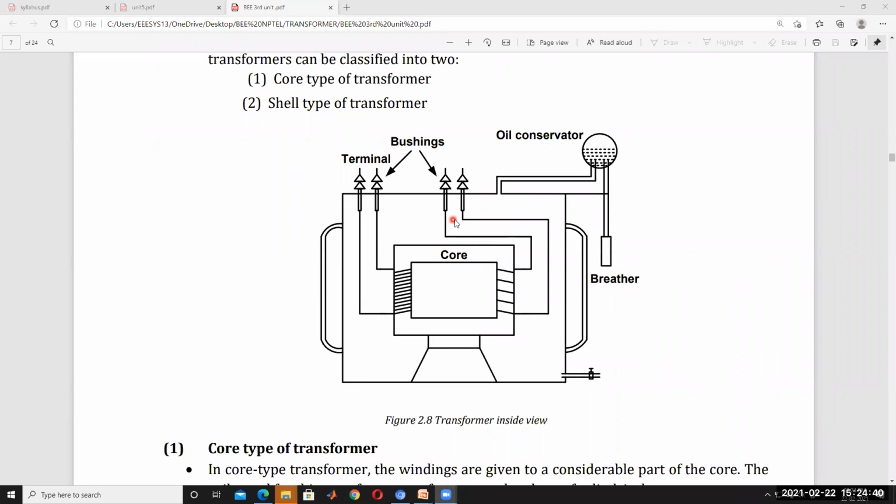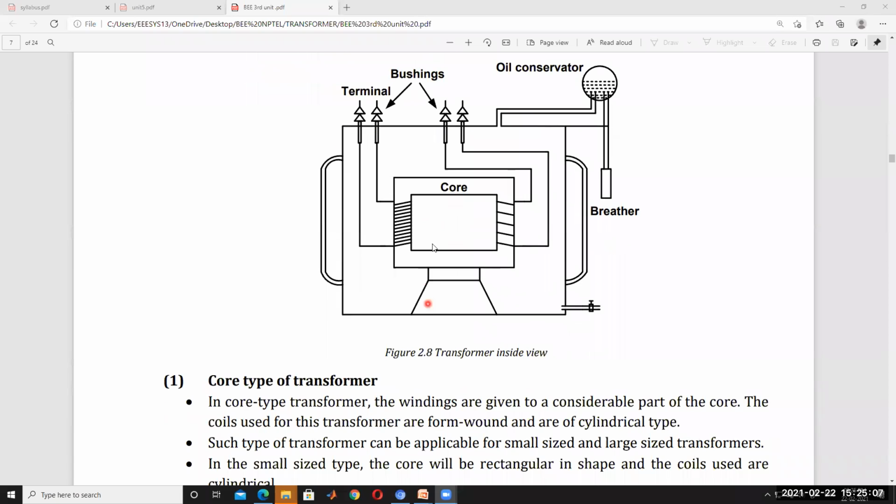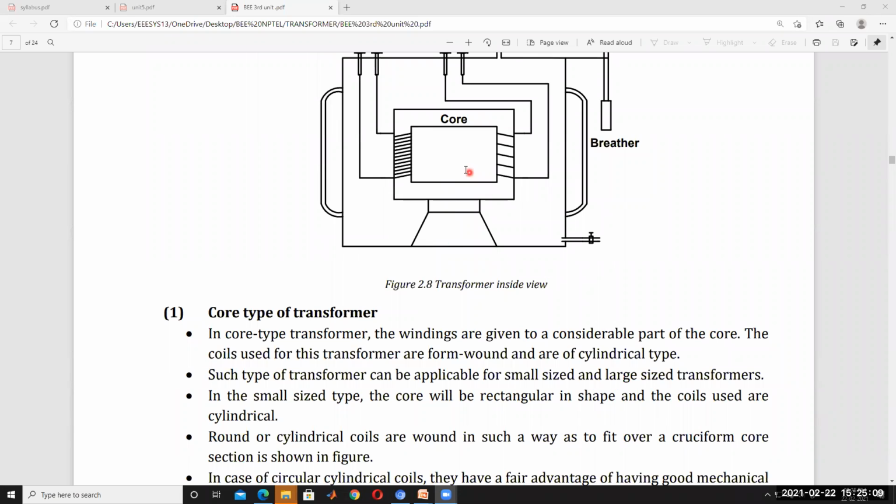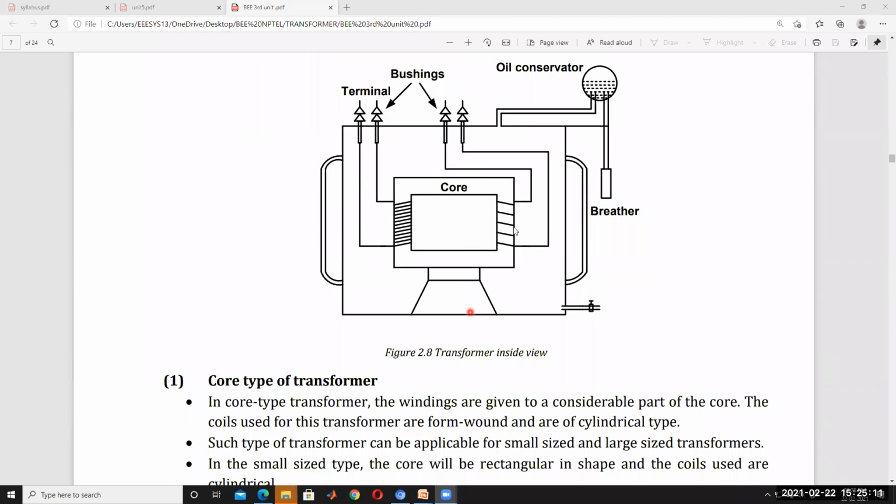When the temperature increases, the oil circulates through the outer pipes, is cooled in the atmosphere, and then comes back. So the transformer core is placed in oil to cool the winding. This is some introduction about the transformer.